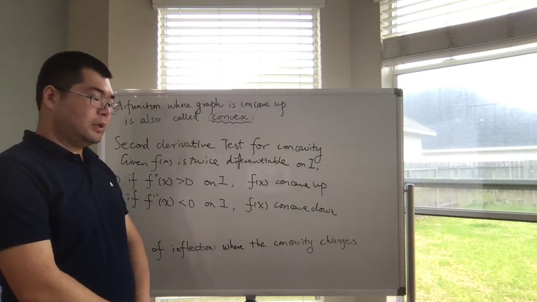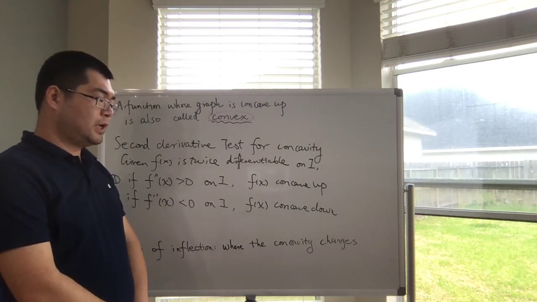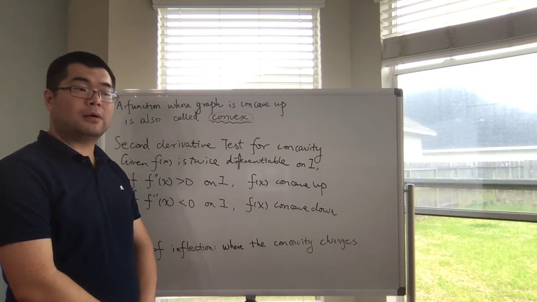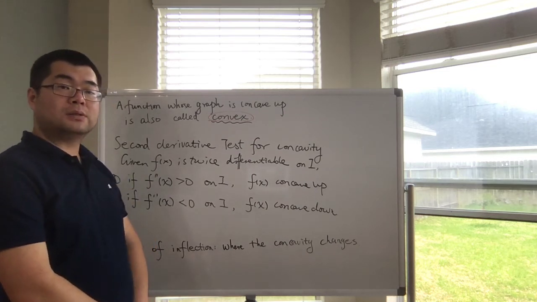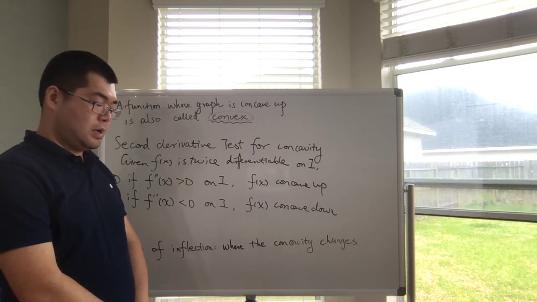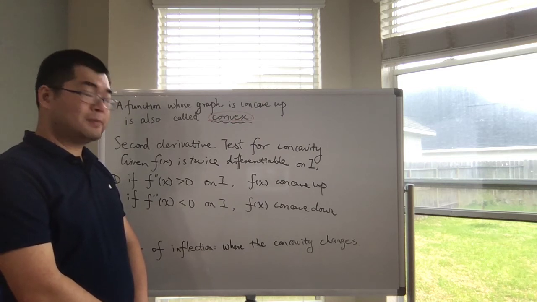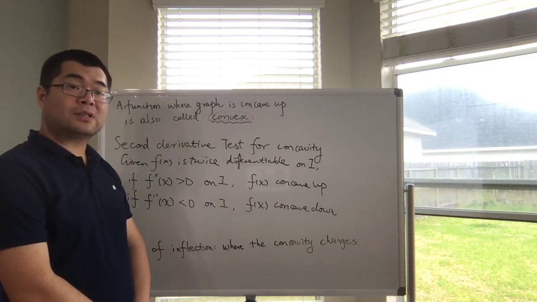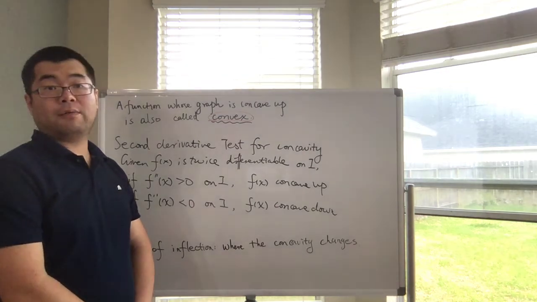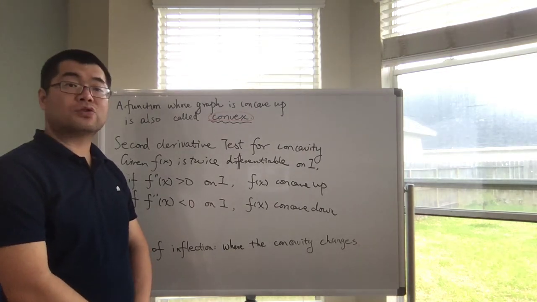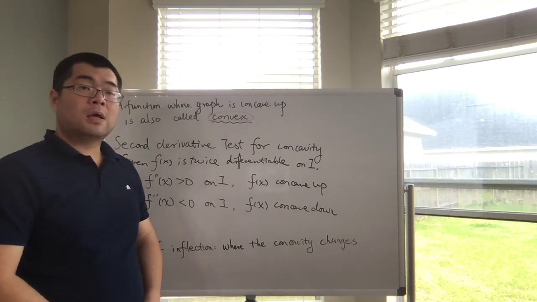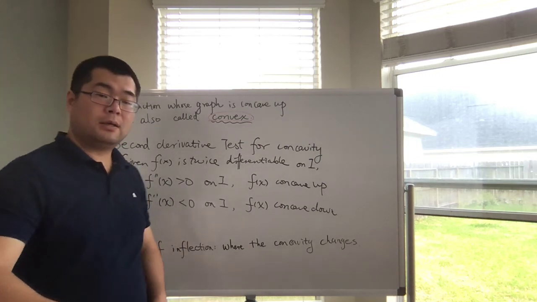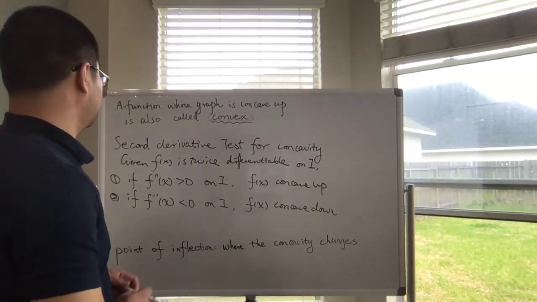Some of you, if you know a little bit about linear programming, will see that if the problem is convex, then it's easy to solve. But if it's not convex, it's very challenging to solve. Okay, so that's a part of the optimization courses. Okay, so I'll skip this part.